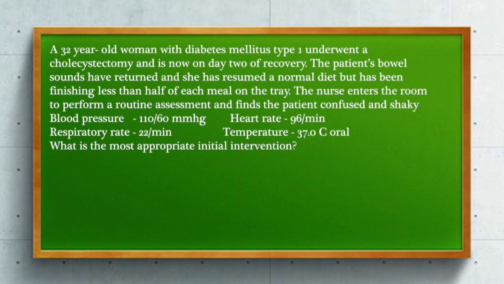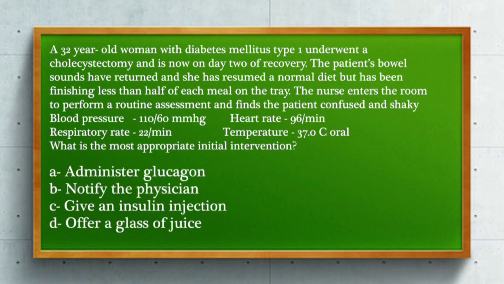Blood pressure 110/60 mmHg, heart rate 96 per minute, respiratory rate 22, temperature 37.0 C oral. What is the most appropriate initial intervention? A. Administer glucagon. B. Notify the physician. C. Give an insulin injection. D. Offer a glass of juice. And the answer: B. Notify the physician.